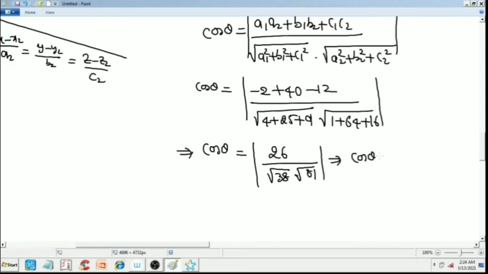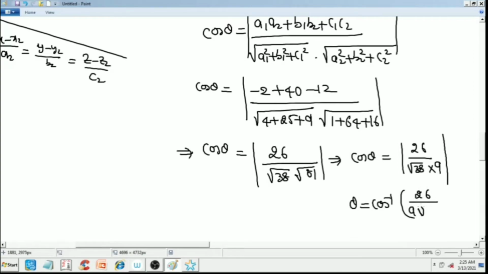So from here cos theta is equal to modulus of 26 by root 38 into root over 81, which is 9, 9 9s are 81, right? So here theta is equal to cos inverse of 26 by 9 root 38, which is the solution, the angle between them.